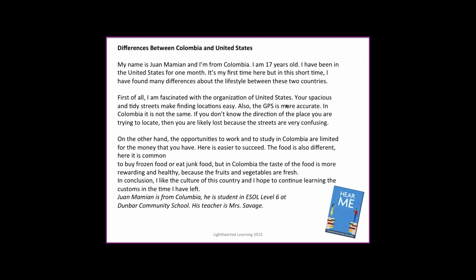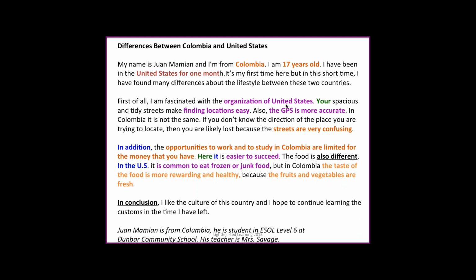Here's a model for a much higher level learner, and this is about the differences between two countries. I went through and highlighted in different colors things that I'd want to point out to the students, or things I'd want to ask questions about.